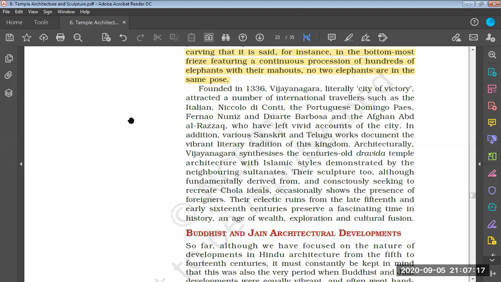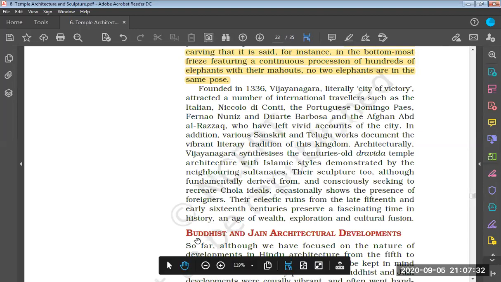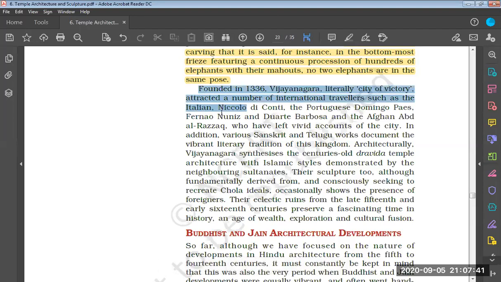Founded in 1336, the Vijayanagar, literally the city of victory, attracted a number of international travelers such as the Italian Niccolo di Conti and Portuguese Domingo Paes, Fernando Nunes and Duarte Barbosa, and the Afghan Abdul Razzaq, who have left vivid accounts of the city. In addition, various Sanskrit and Telugu works document the vibrant literary tradition of this kingdom.